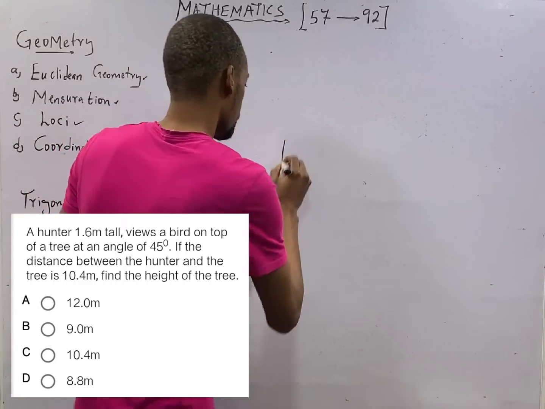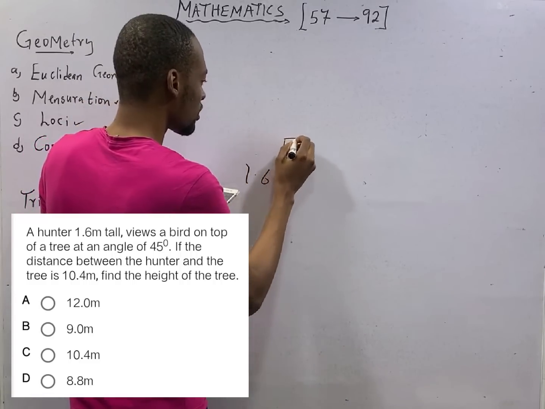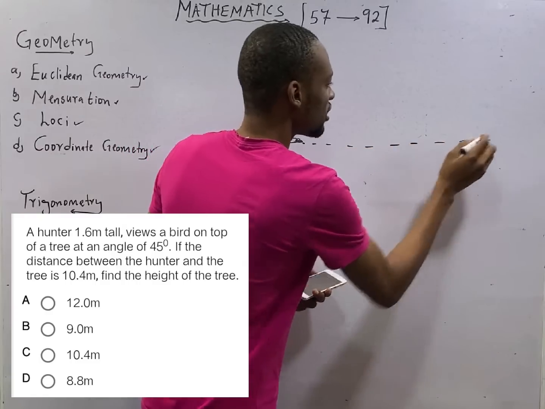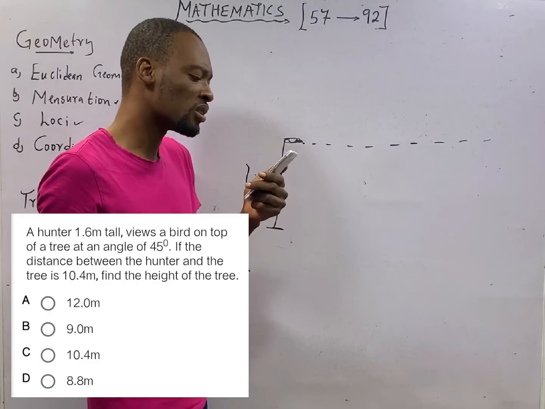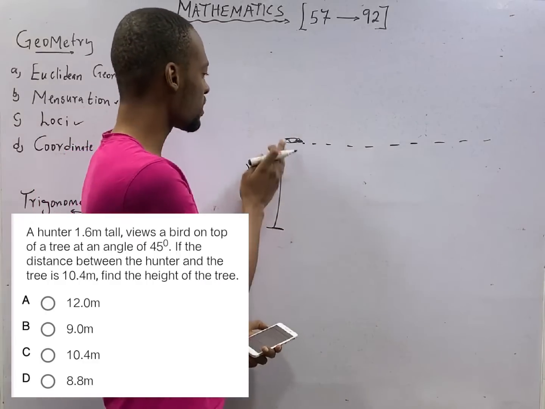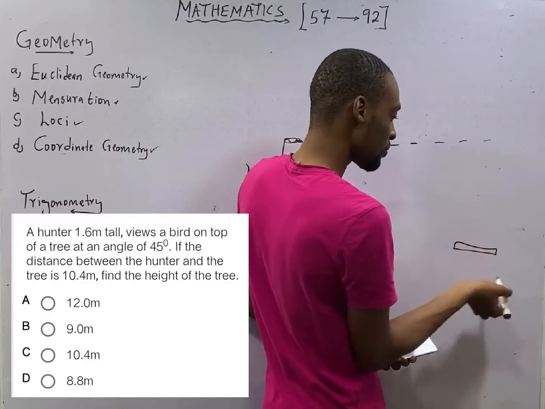A hunter, 1.6 meter tall, this is his eye level. So let's always get our horizontal, the normal eye view. He views a bird at the top of a tree. So obviously this is the hunter, and the tree will definitely have a root, right?